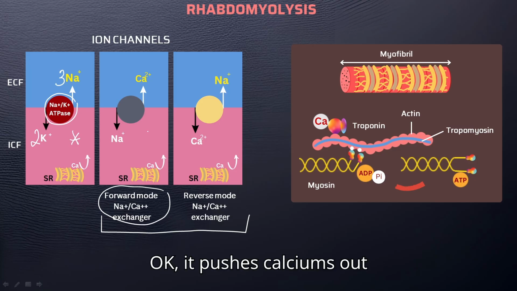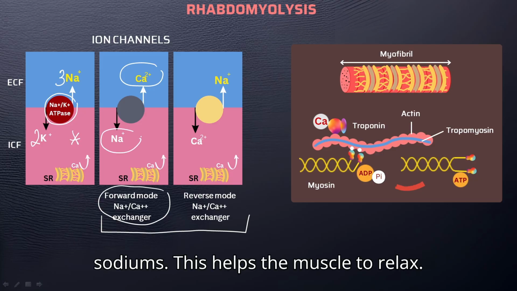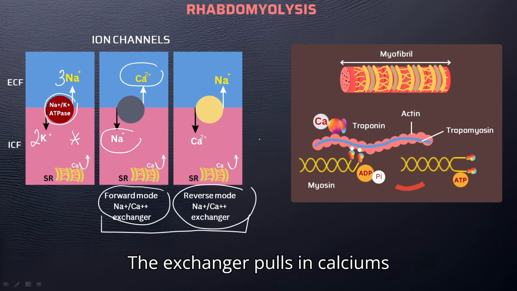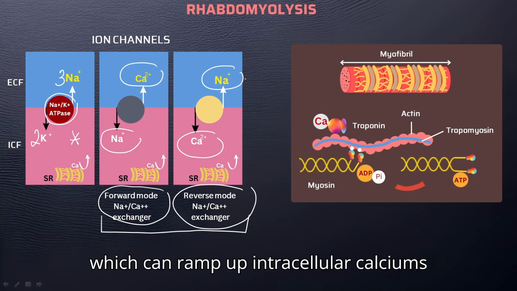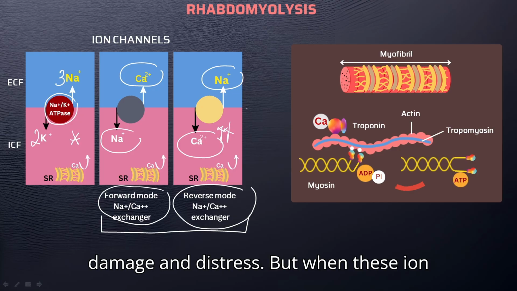Okay, it pushes calciums out, and then in exchange for sodiums. This helps the muscle to relax. In the reverse mode, the exchanger pulls in calciums while sodium exits, which can ramp up intracellular calciums and potentially contribute to muscle damage under stress.